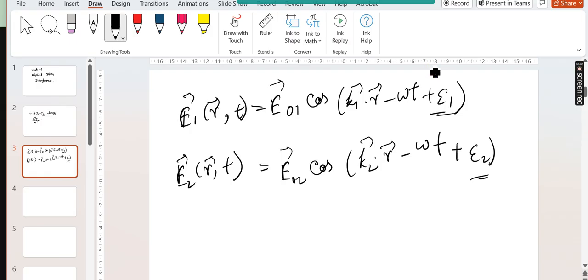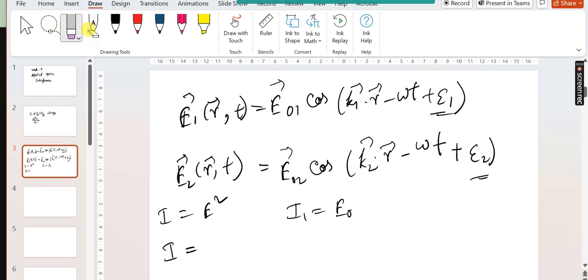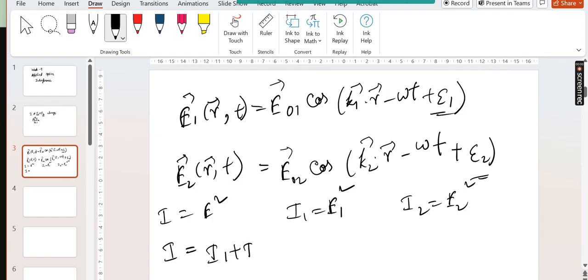You know the drill: you need to add E1 plus E2, and for irradiance we need to take the whole square. After doing all those things, I is basically E squared, I1 is E1 squared, and I2 is E2 squared, and we get I equal to I1 plus I2 plus 2 root over I1 I2 cos delta.